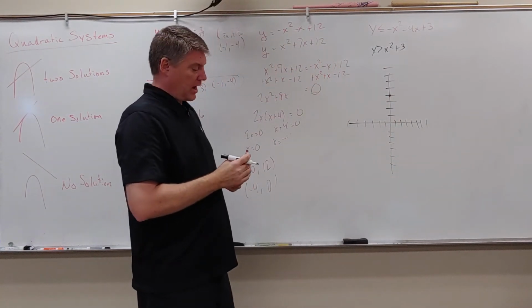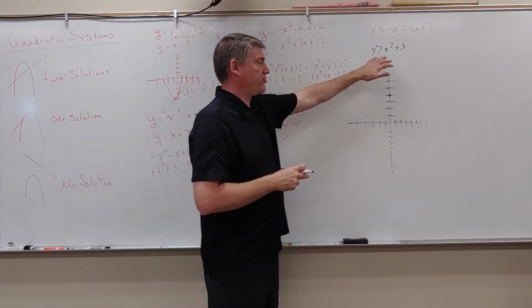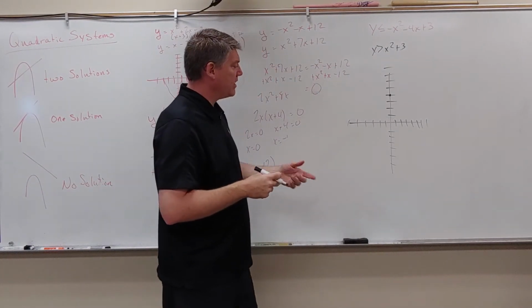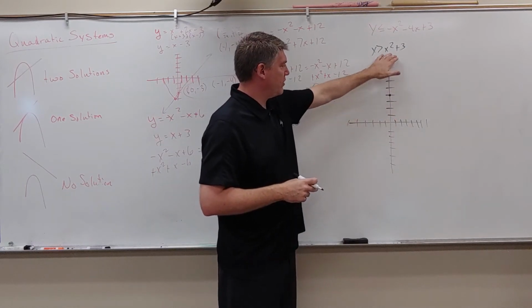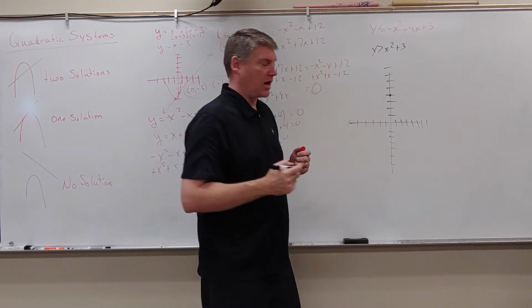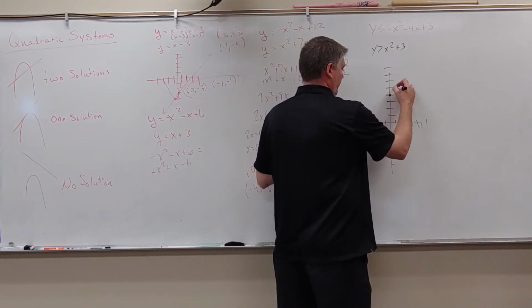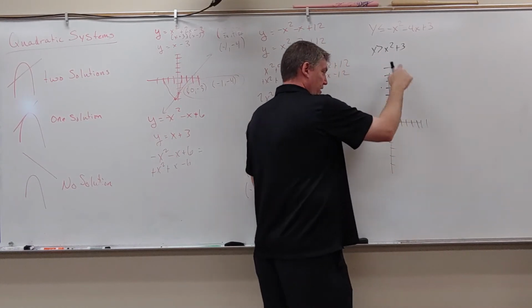If I don't know the two other points, that's fine. I can pick one unit over from my vertex. I'm going to pick 1. 1 squared is 1, plus 3 is 4. So I end up looking like this.